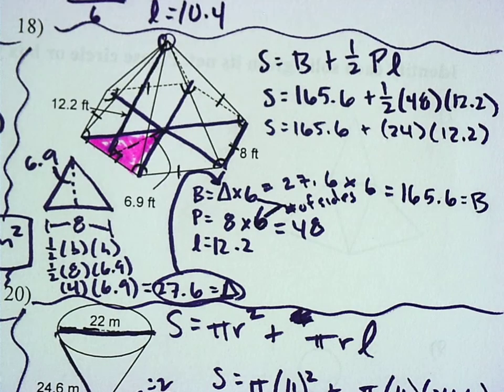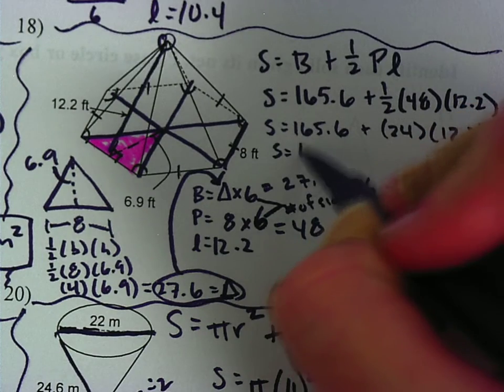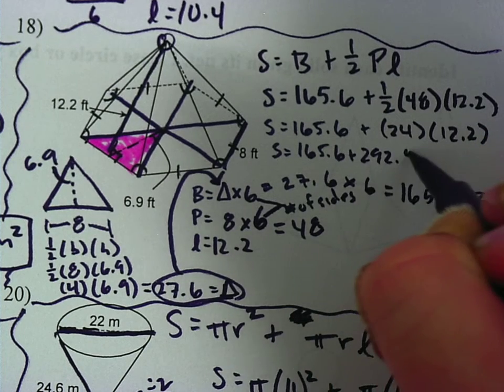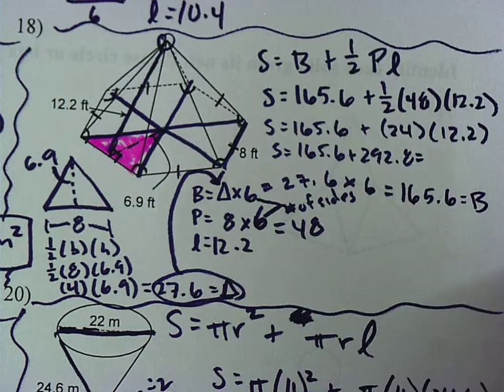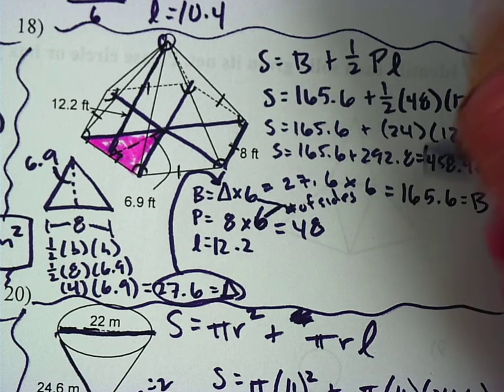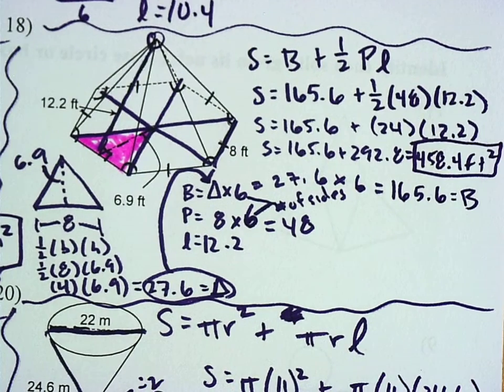And again, we can just use our calculator to get all these numbers at this point. 165.6 plus 292.8 is going to be 458.4 feet squared. All right, so there's our first hexagonal pyramid.